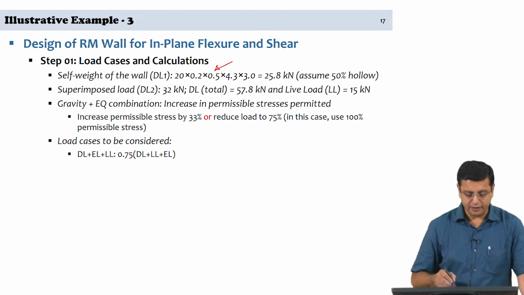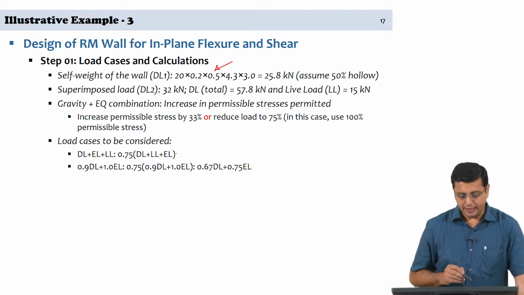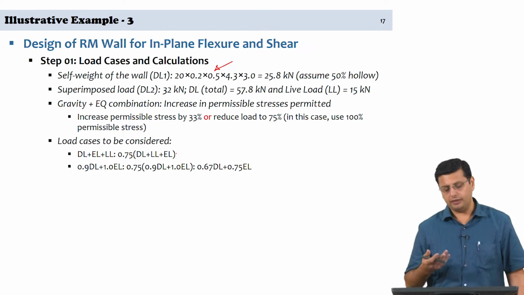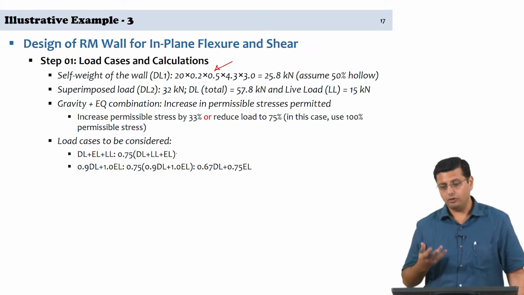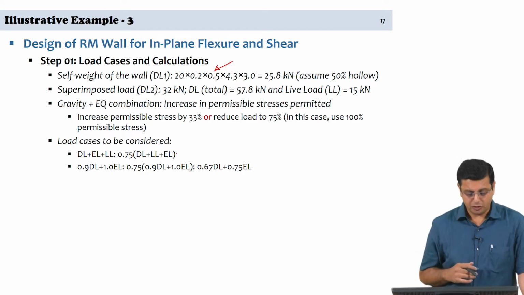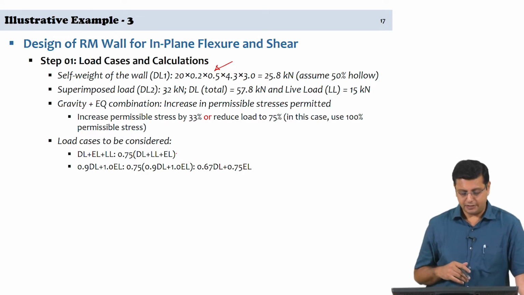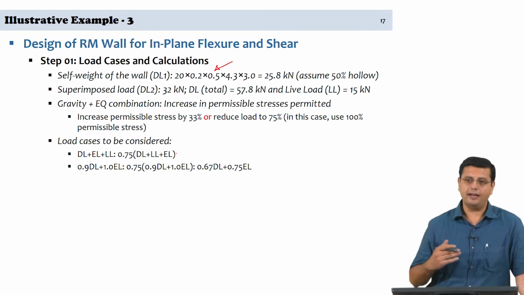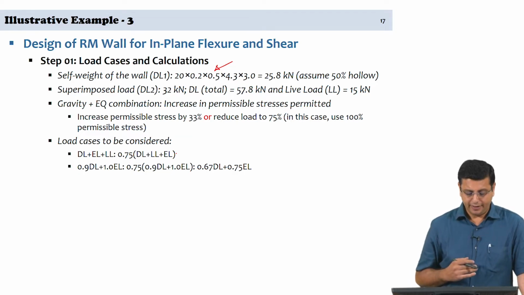So, 0.75 into dead load plus live load plus earthquake load is our first load case, and the second load case is primarily to account for effects where there could be decompression to an extent in the structure, and therefore, we look at a reduced dead load and we do not consider the live load.